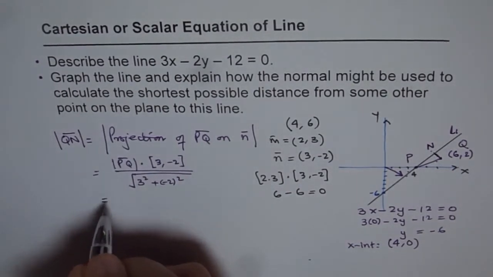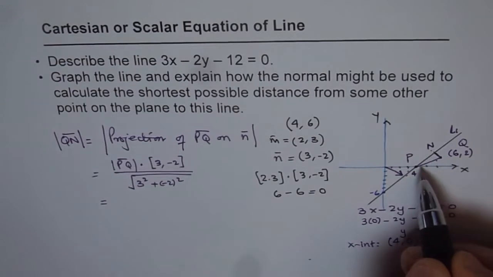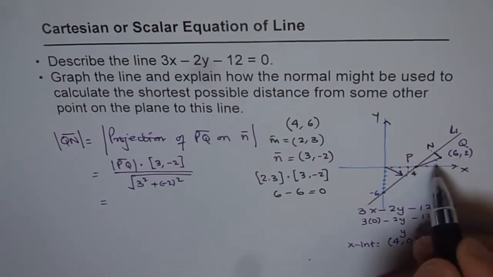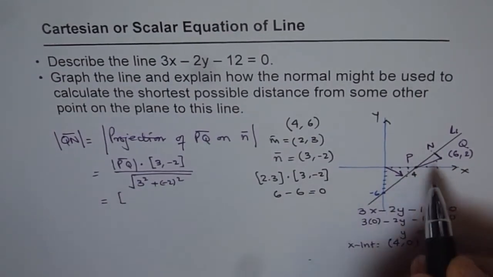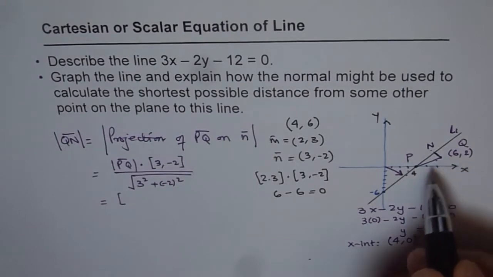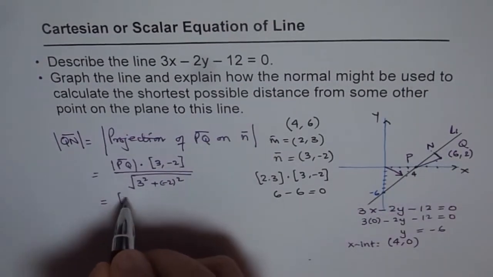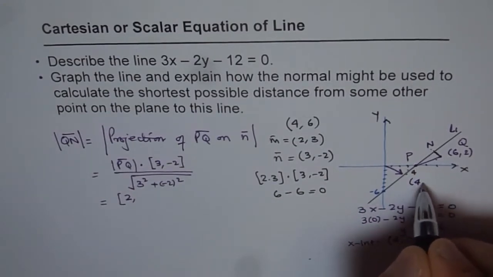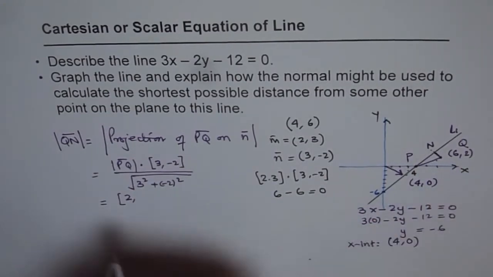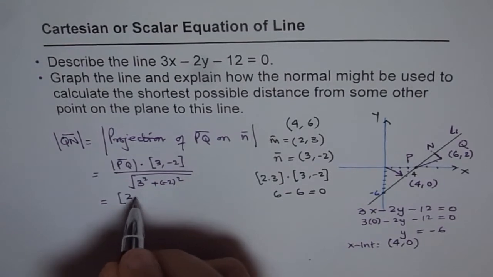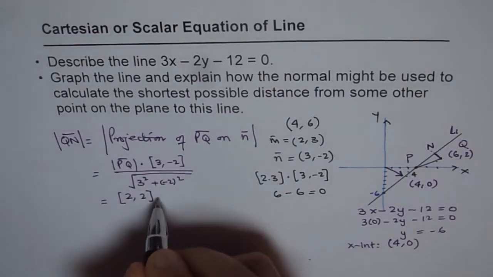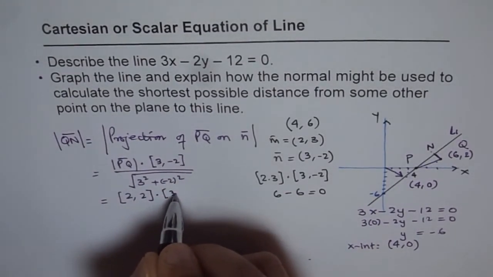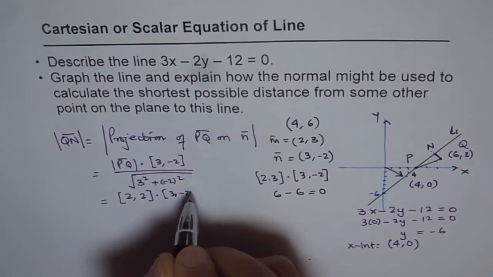And what is PQ? PQ is Q minus P, right? The respective points. We'll get those points now. 6 minus 4 is 2, and 2 minus 0, because the point is (4, 0), right? 2 minus 0 is 2. And we have here dot of (3, -2), right?